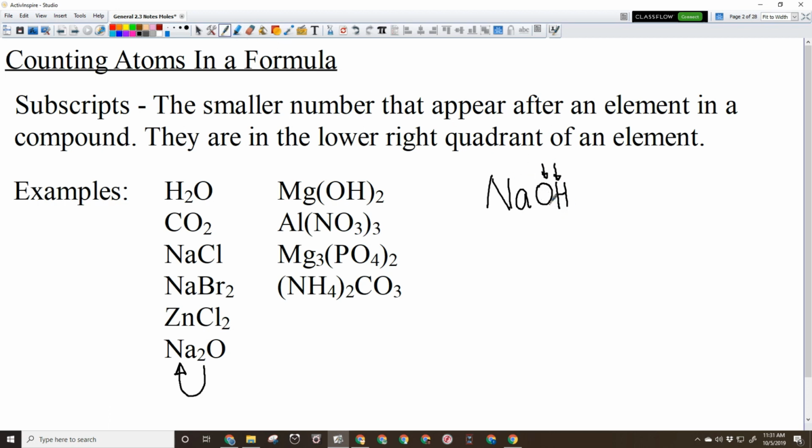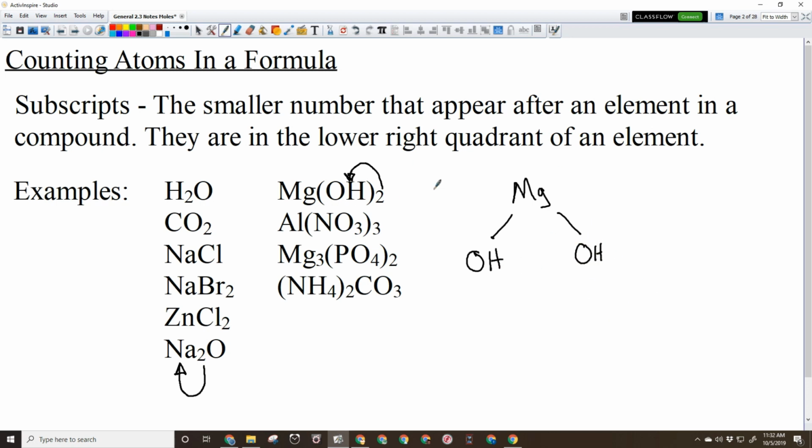So that would mean just 1 of those polyatomic ions, 1 oxygen and 1 hydrogen. Now, all of those that we see here do have parentheses though. So this 2 outside means that there are 2 of those ions. So what we have here is magnesium, and it's bonded with 2 OHs. So it looks like this.